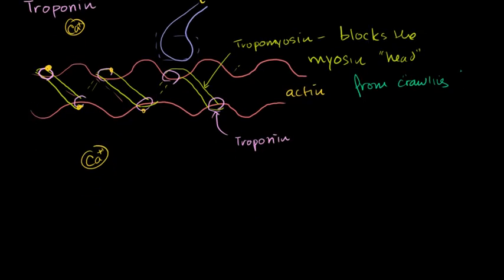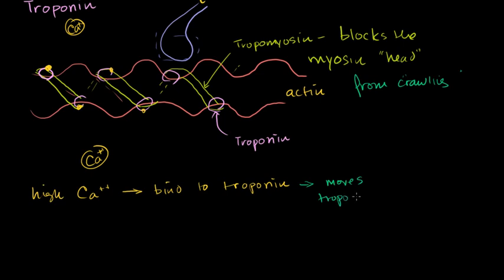Normally tropomyosin blocks, but when you have a high calcium ion concentration, they bind to troponin, and the troponin changes its conformation, so it moves the tropomyosin out of the way.